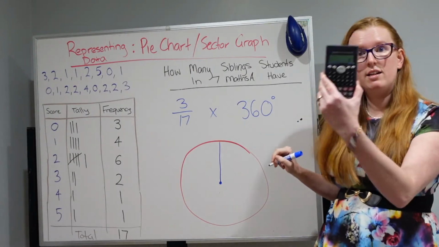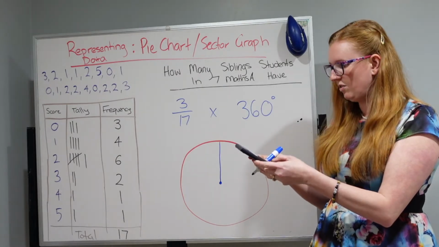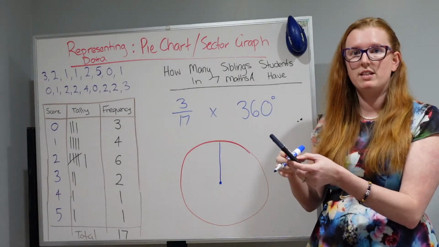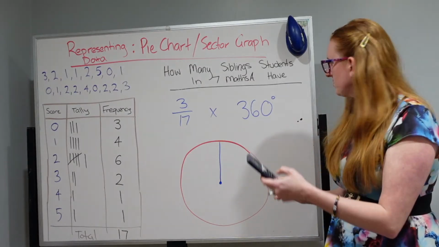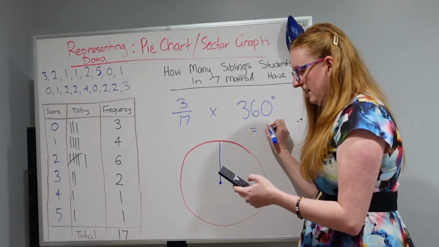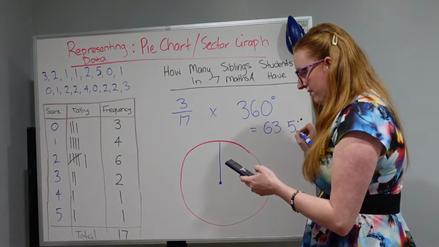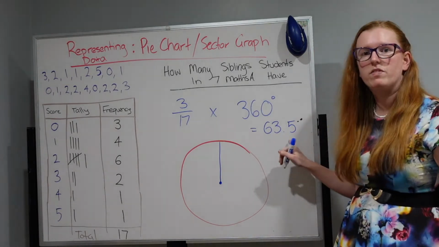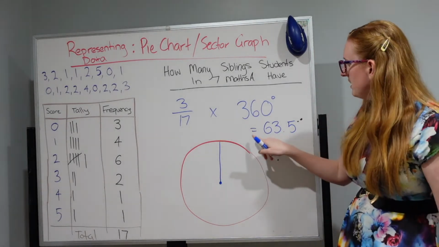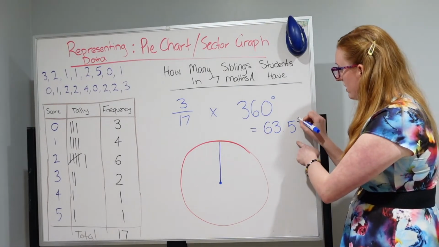So I'm going to get my calculator, and I'm typing in 3 over 17, or 3 divided by 17, they mean the same thing, times 360. Okay, and I get 63.52, so I'll just round it down to 63.5. So that means that this particular slice of pie needs to be 63.5 degrees.